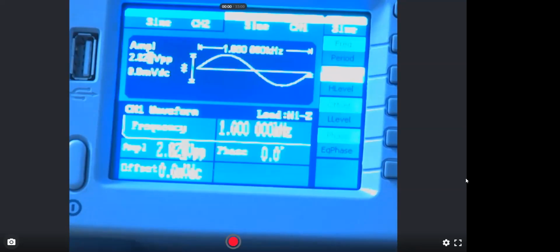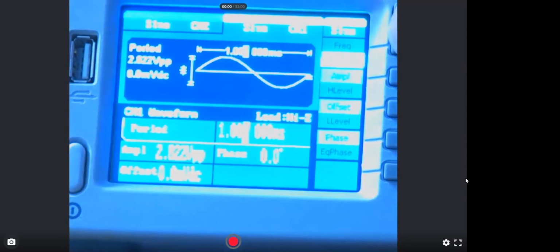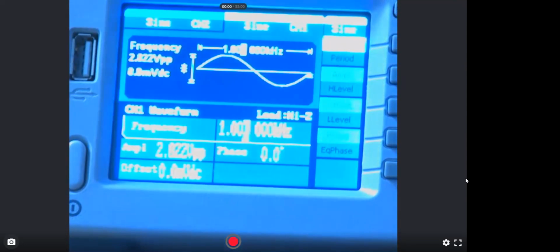Here. Period, we want 1 millisecond. Frequency, 1 kilohertz.